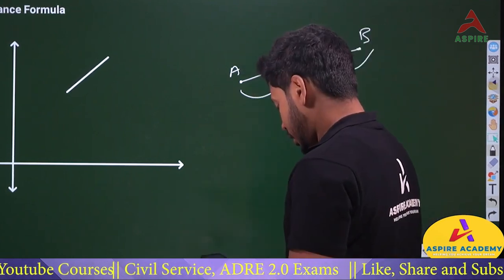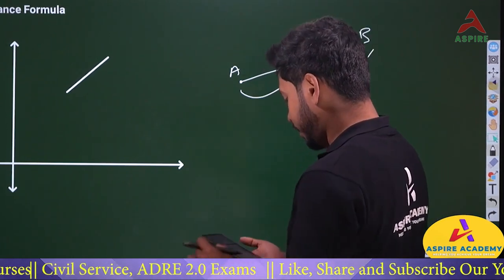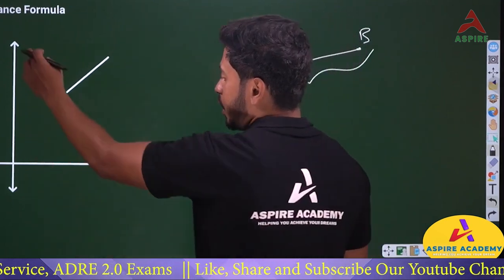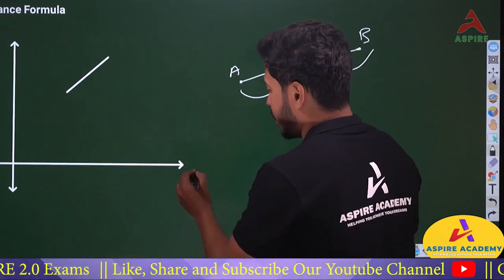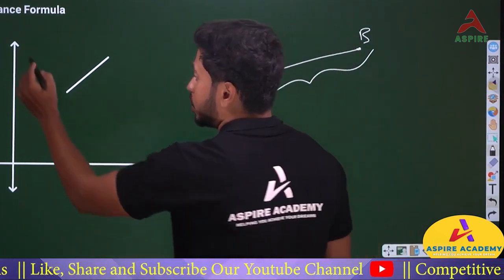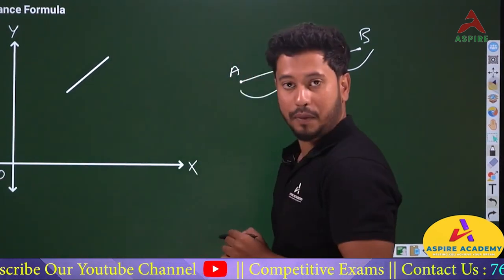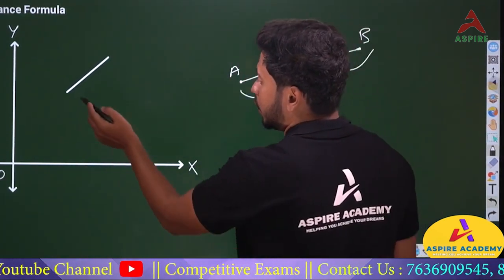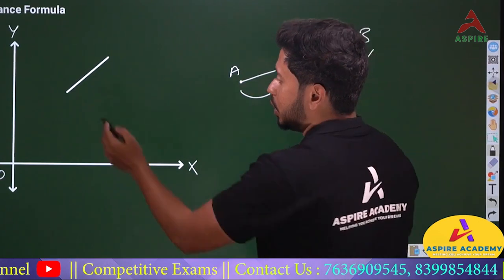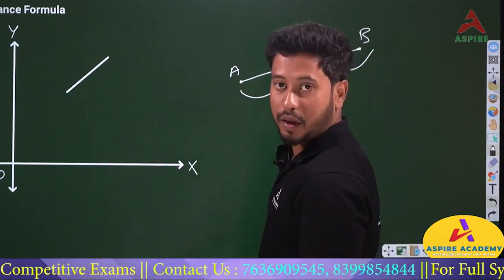So now here this is a graph, right? This is the x axis, this is the y axis, and this is the origin, okay. Here I have drawn a line segment.